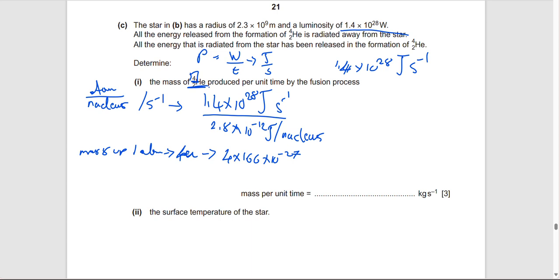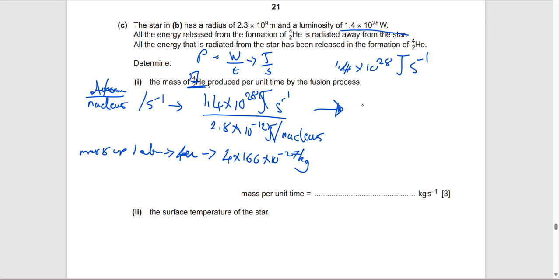Now we want to find the mass per unit time. So what we can do is multiply the atoms or nucleus per second by the mass of one atom, so that we get the mass per unit time, in kg per second. Remember, when we do that, we cancel and we get our value here.